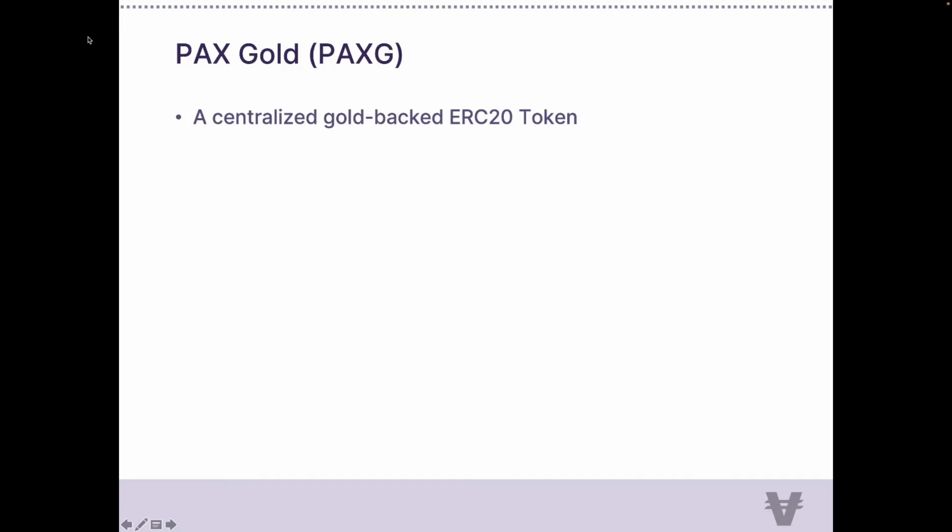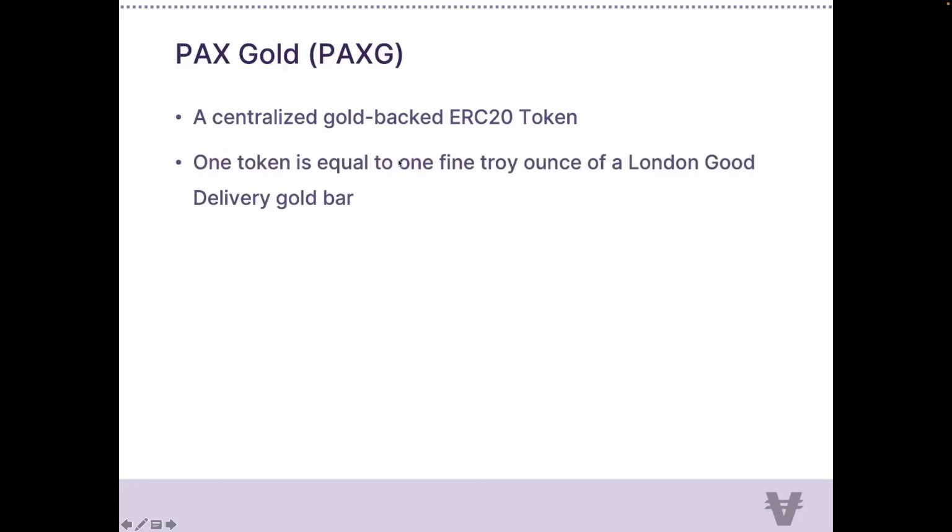We have PAX Gold, a centralized gold-backed ERC20 token. This is a convertible stablecoin, but it is not looking to match the worth of $1; it is equal to 1 fine troy ounce of a London Good Delivery gold bar.